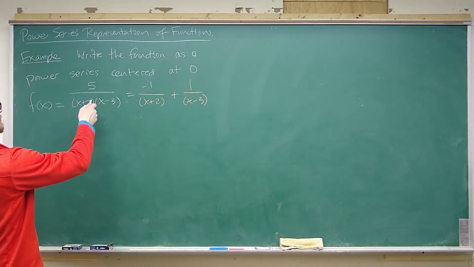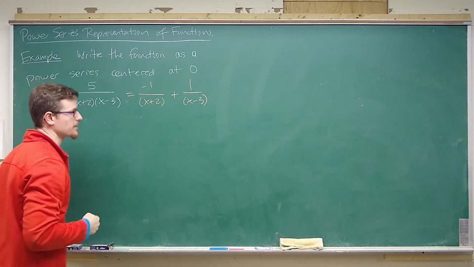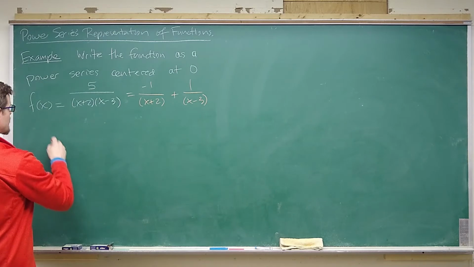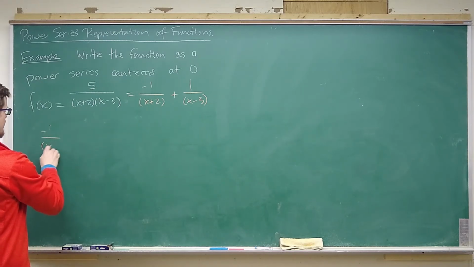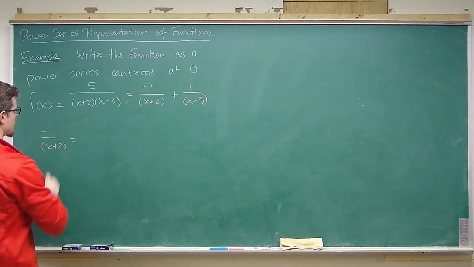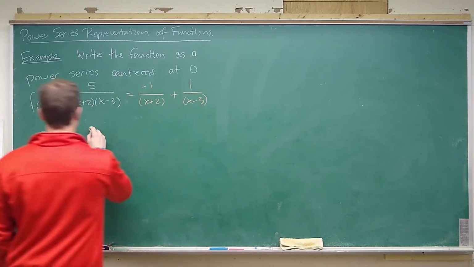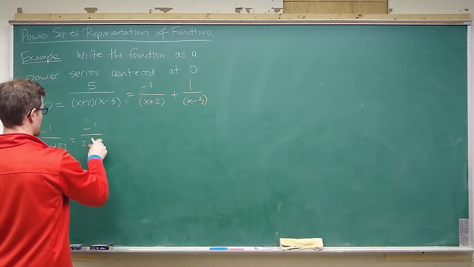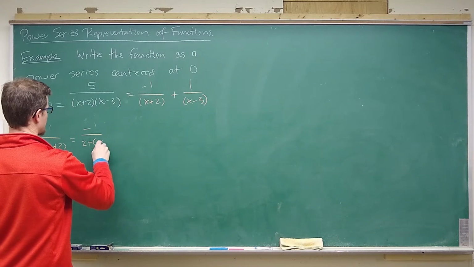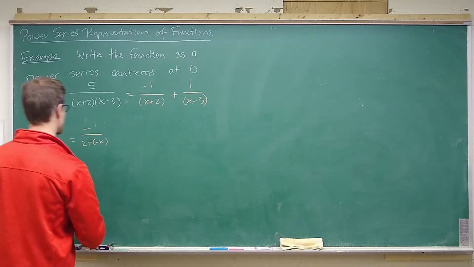Okay, so let's see. If we have f of x equal to this, then these look similar to the examples that we've considered already. So notice that -1 over x plus 2 can be rewritten as -1 over 2 minus a negative x. 2 plus x is the same as x plus 2.